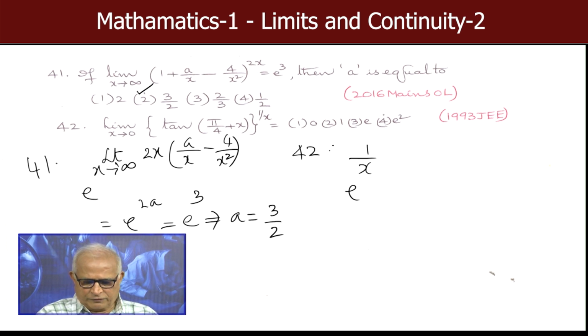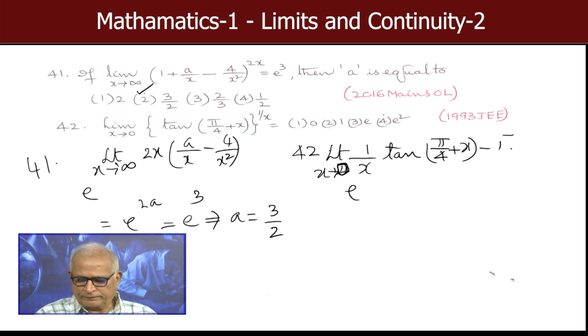into limit, of course, as x tends to 0, 1 by x into tan pi by 4 plus x minus 1, f x minus 1. What is tan pi by 4 plus x minus 1?